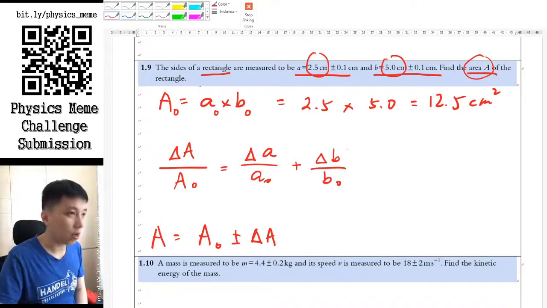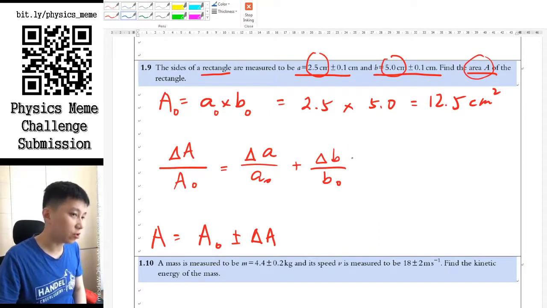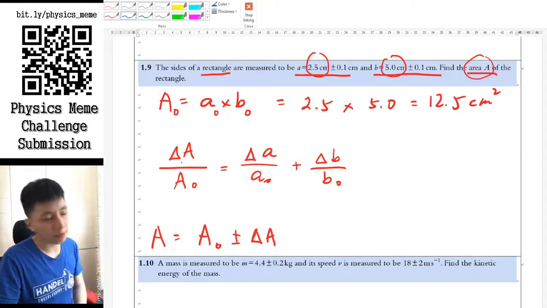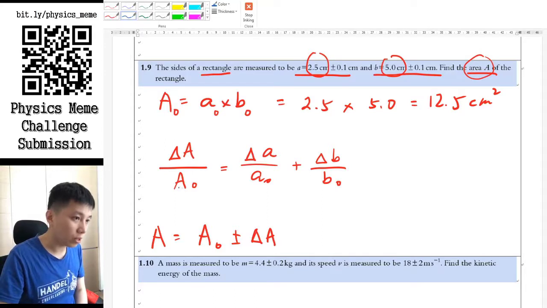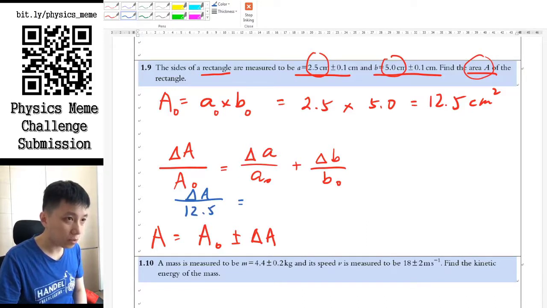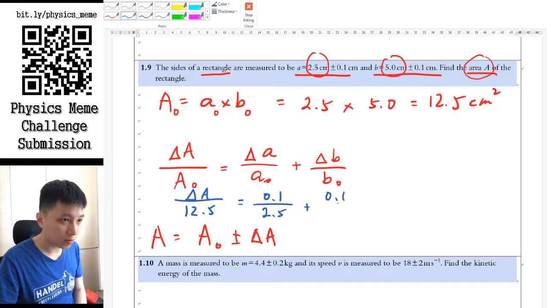Okay, and so what we have to do is just substitute whatever you know here, and I think the only thing unknown is delta big A. Then A log we know is 12.5, delta a is 0.1 over a log 2.5 plus 0.1 over 5.0.